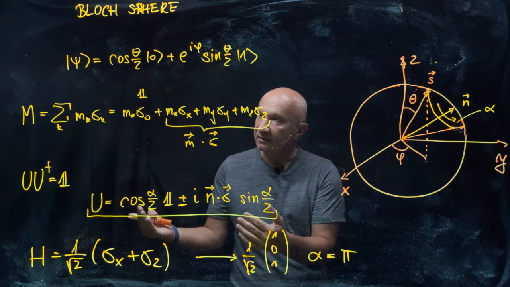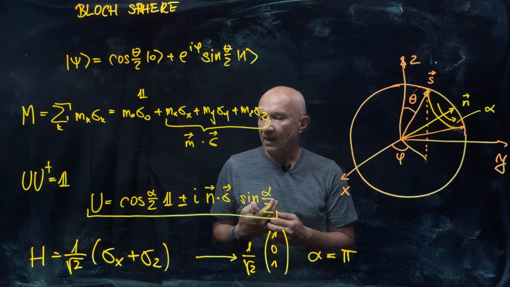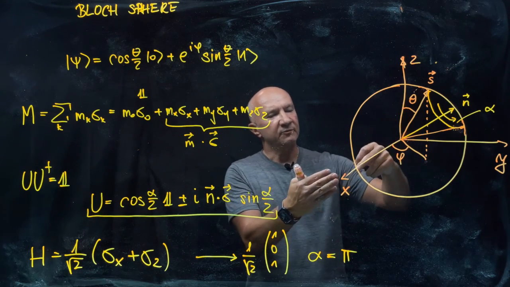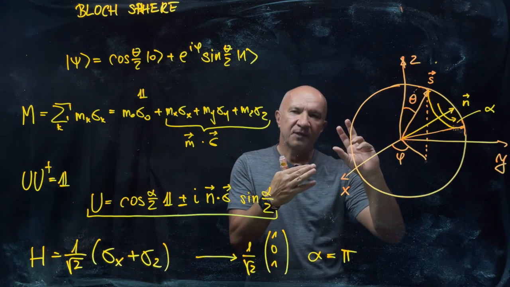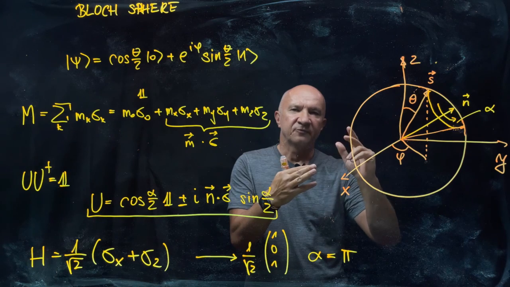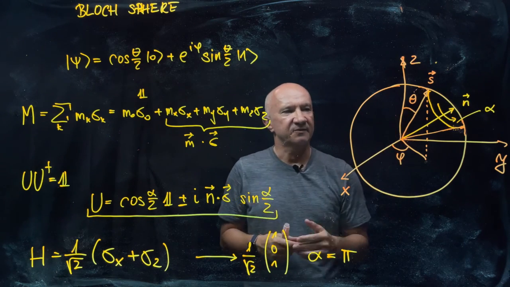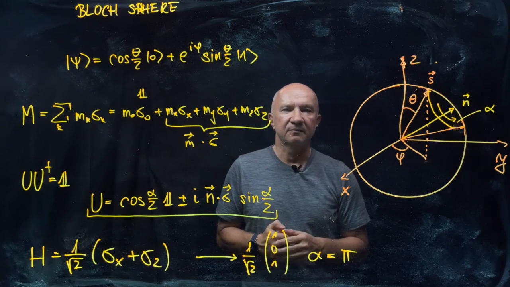The Hadamard in this language corresponds to a rotation about the axis that is the diagonal placed between x and z, and then you rotate by 180 degrees. Essentially you can see that you flip the x and z axes by performing the Hadamard transformation on the Bloch vector.